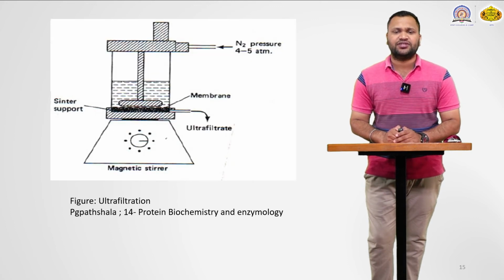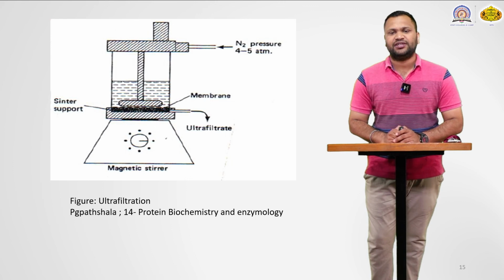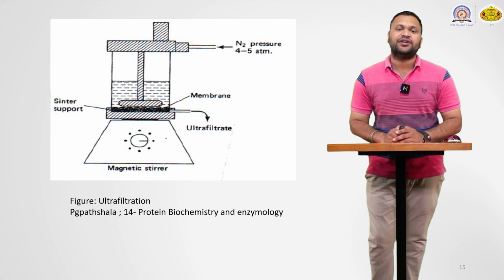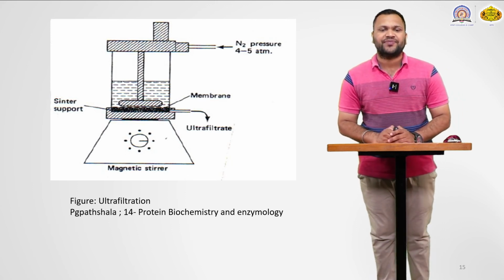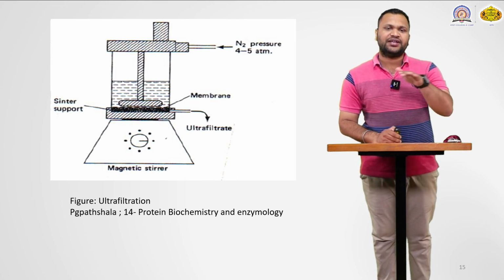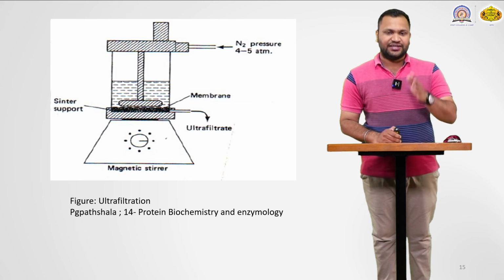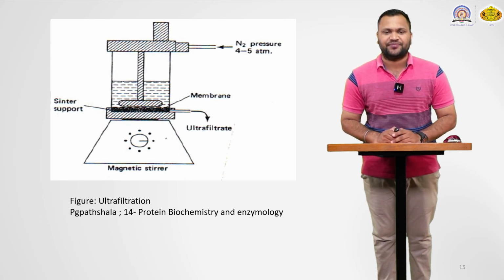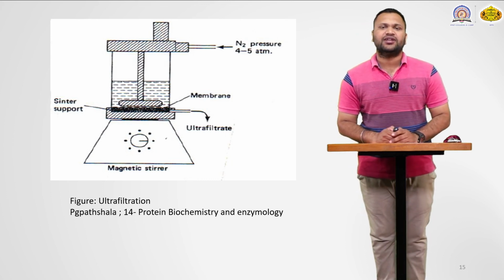You may understand this by this figure. Here the protein solution is placed in a beaker, and the N2 pressure is 4 to 5 atmosphere. At the bottom of that container the membrane is there, and you may see the filtrate passing. Our product is retained on the membrane.